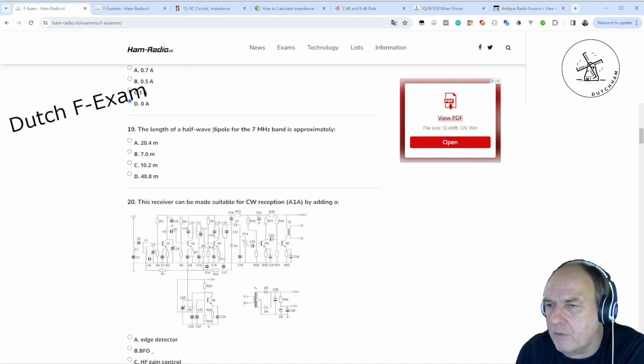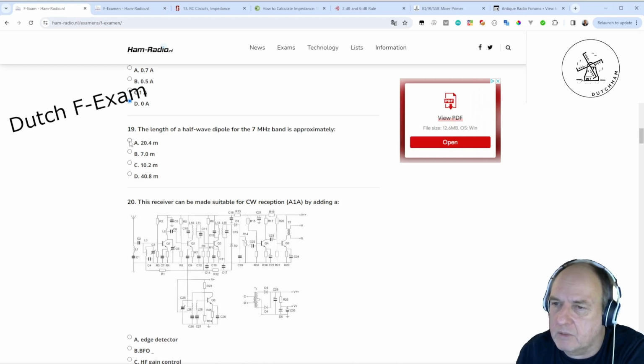19. The length of a half-wave dipole for the 7 MHz band is approximately... 7 MHz is 40 meters. So the half-wave length will be 40 meters, so it will be 20 meters.